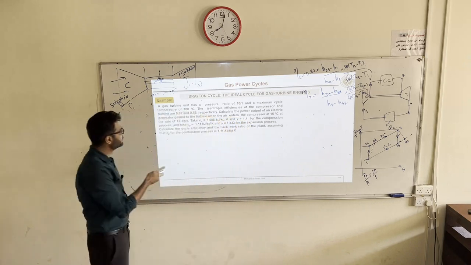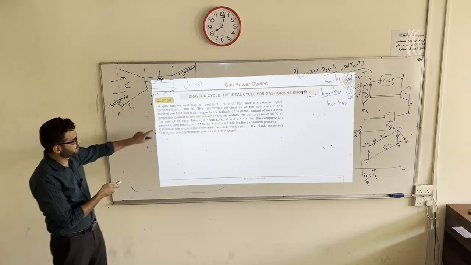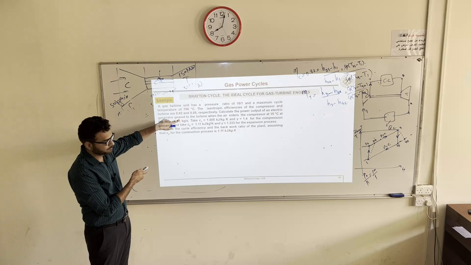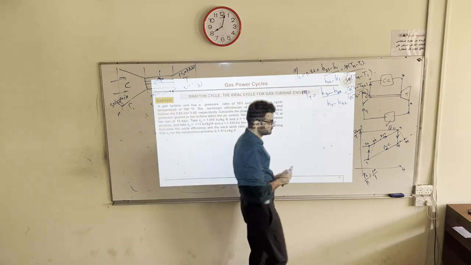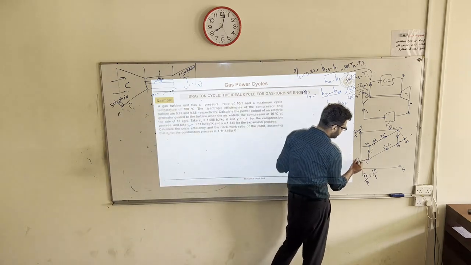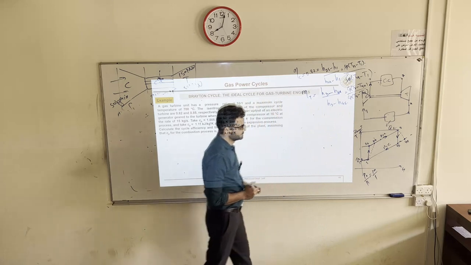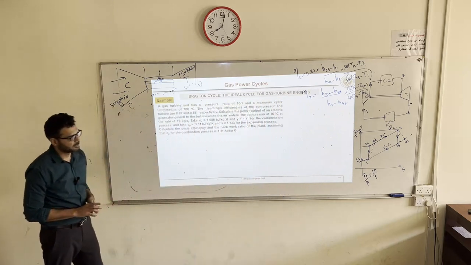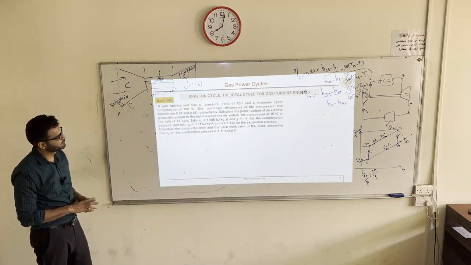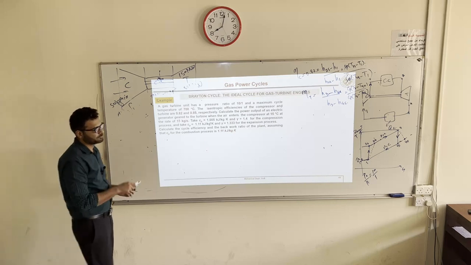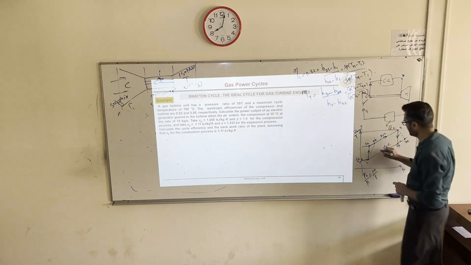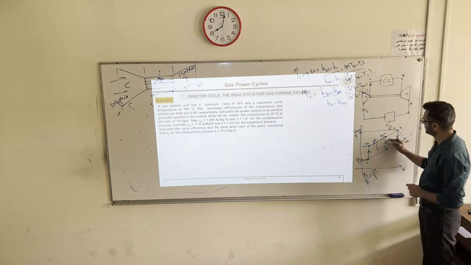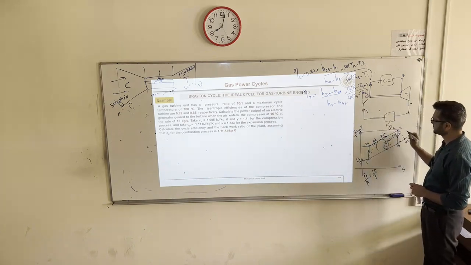Calculate the power output of this electric generator, which is geared to the turbine, when the air enters the compressor at 15 degrees Celsius, T1. So this is 15 degrees Celsius, ambient air, at a rate of m dot, which is flowing in this cycle, 15 kilograms per second.